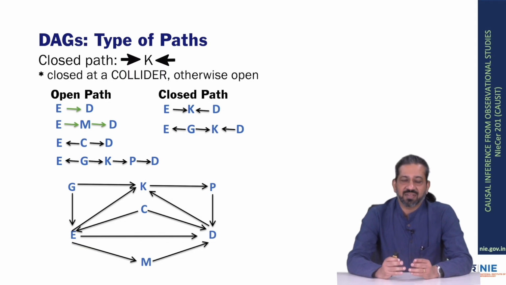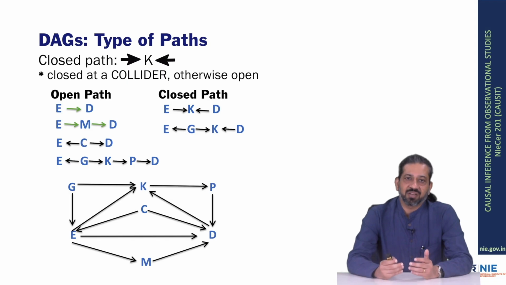However, if we look at the third path which includes K as a variable, it is EGKPD. On this path, we do not have arrows coming from two sides towards K, right? K only has one parent in this path, which is G. Hence, on this path, K is not a collider.